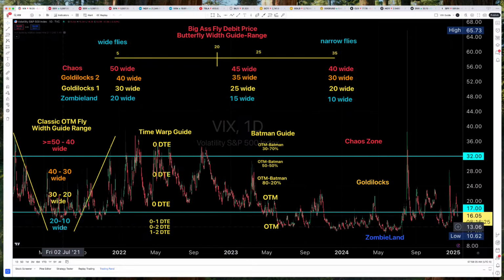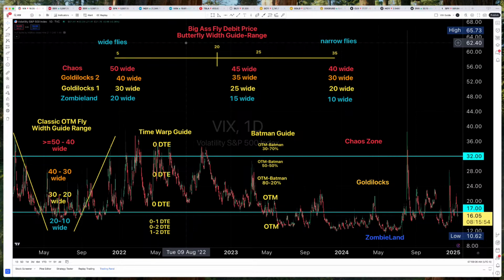In any event, this will determine the range of out of the money butterfly widths that we'll choose. We then fine-tune that to figure out what side of that range we should be on by looking at a tool we call the big ass fly, or the BAF, an at-the-money butterfly. We look at the debit of that fly, and that will give us a direct indication of the rate of decay of premium and how the market is pricing options.